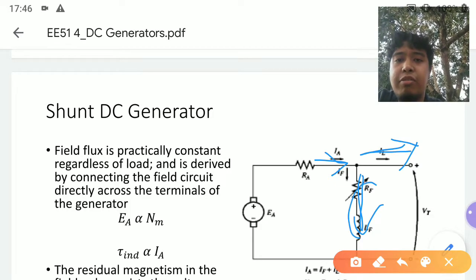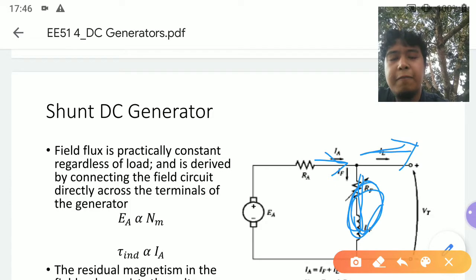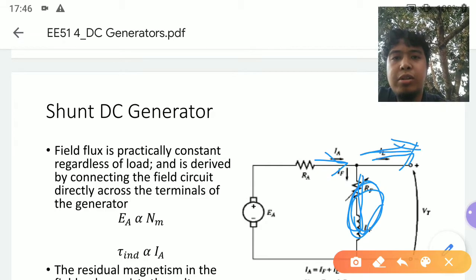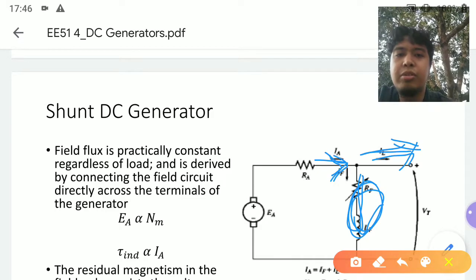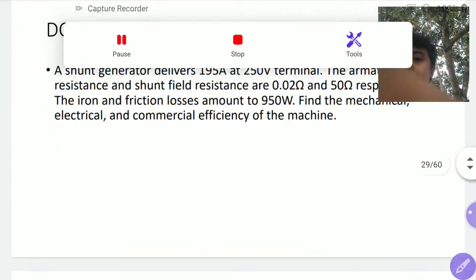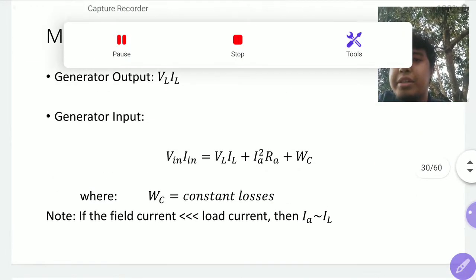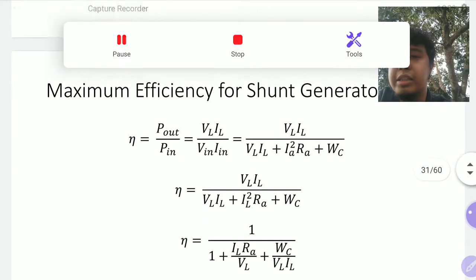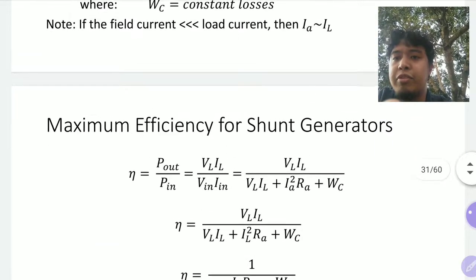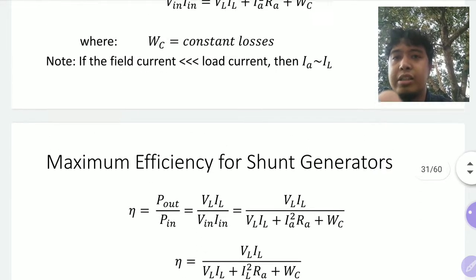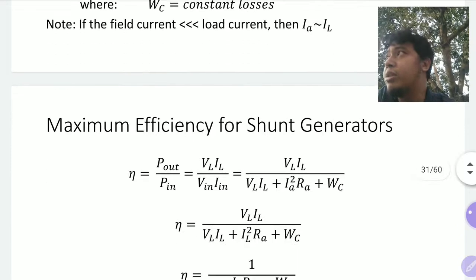But if IF is very small, then IL is almost equal to IA, or IA is almost equal to the load current. So that's one assumption for us to arrive at the maximum efficiency: IA is approximately equal to IL.